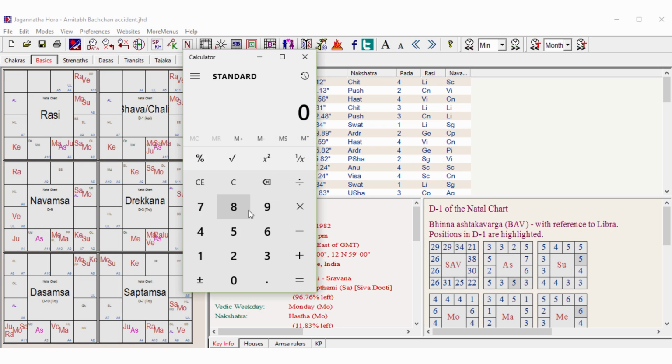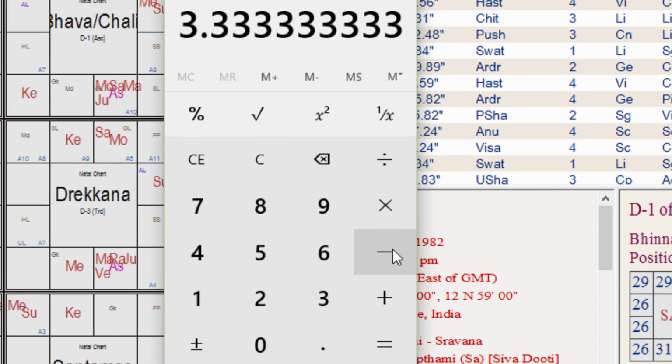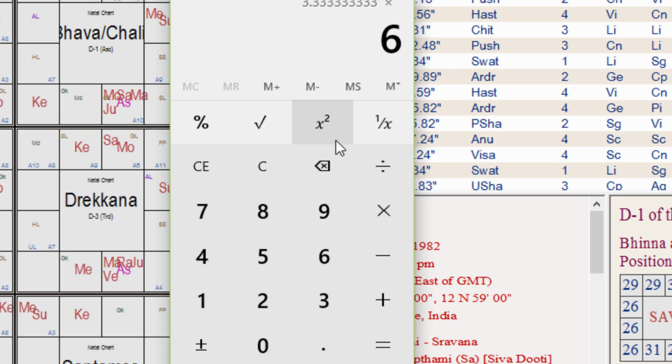To answer this question, let's do a little bit of calculation. So 3 degrees and 20 minutes is 1 Navamsa. You want to convert this into a decimal format. It is 3 degrees and 20 minutes becomes 3.333, and it goes on like this. And this into 64. Sorry, this into 63 Navamsas, because we are doing the 64th Navamsa. So 63 must be over.